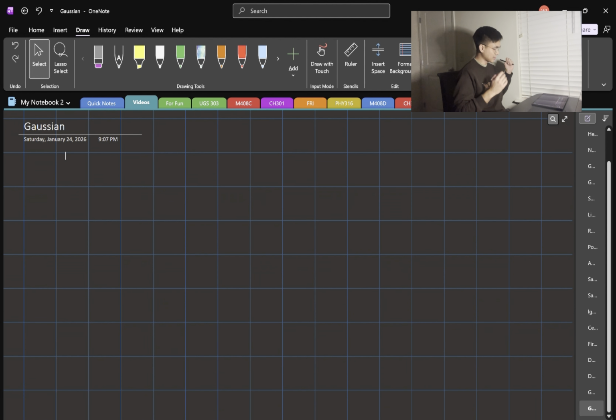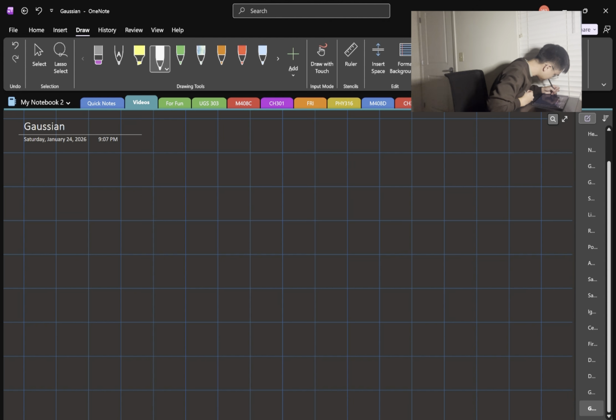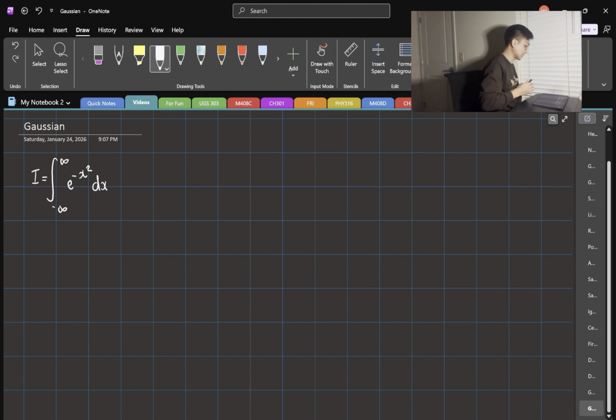So as you can tell from the title of the OneNote, we're going to be working on the Gaussian integral. What is that exactly? The integral I from negative infinity to infinity of e to the minus x squared, integrated with respect to x.